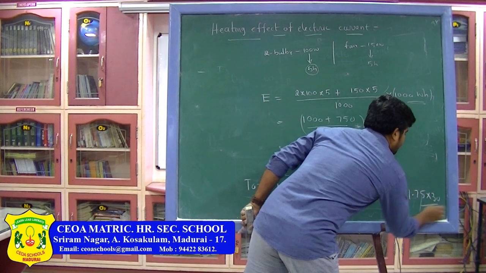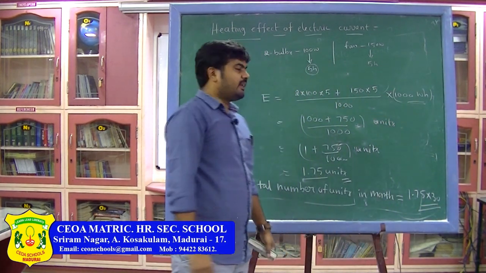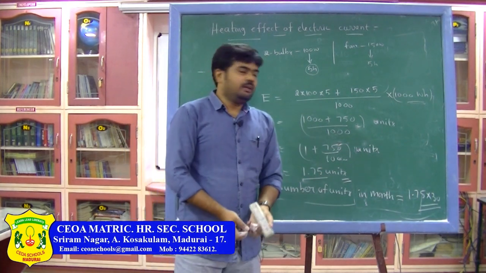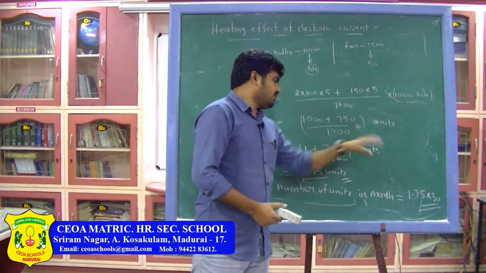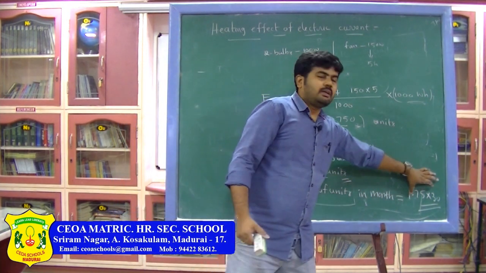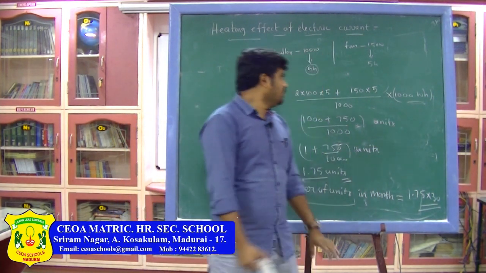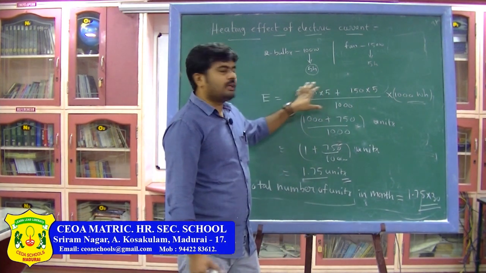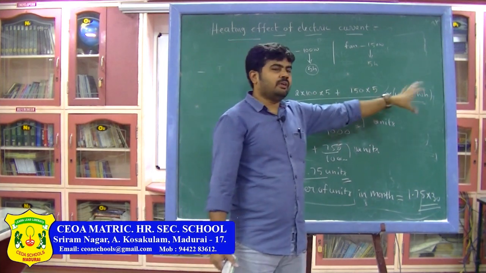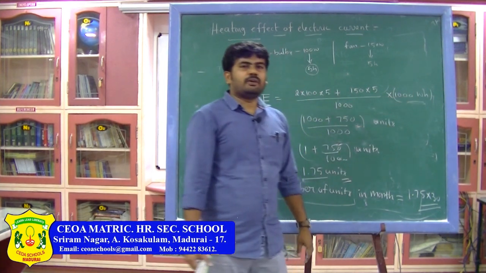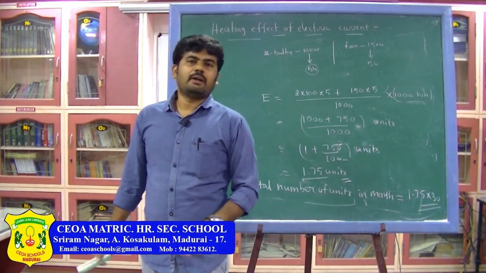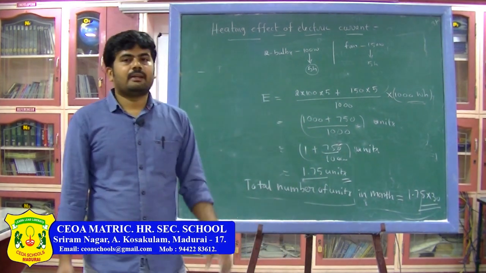This is how we can calculate the number of units, and then if they give the cost of 1 unit, you can multiply the total number of units by the cost of 1 unit and get the required value of the electricity bill. Just multiply wattages with the number of hours during which they are used, then multiply and divide by 1000, and you can find the number of units in a day and then in a month. That is the concept of kilowatt hour, and that is how you can calculate the electricity bill.